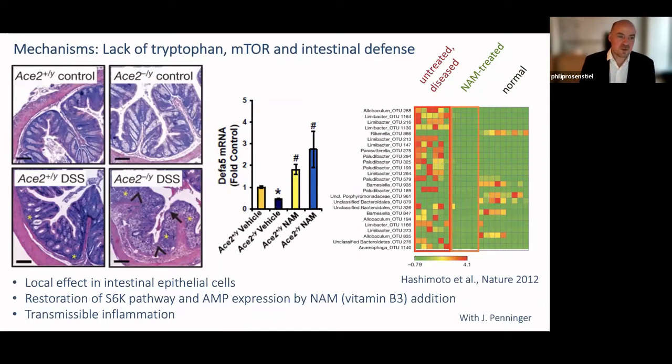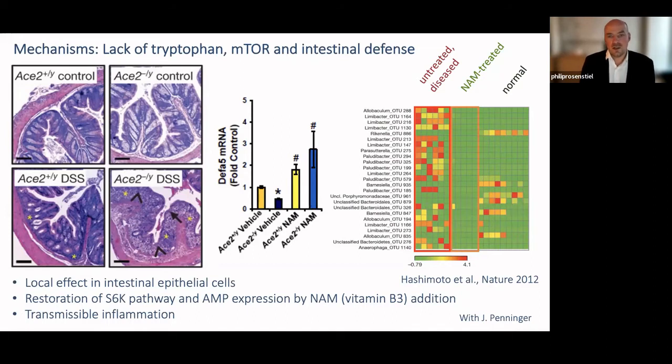But at that time, what we made as an observation is that ACE2 knockout mice actually have a very strong barrier defect, and they have an overgrowth of certain bacteria that you see here in red that can overcome a tryptophan deficiency. And really the effect is that there is a local missing effect of the absorption of certain amino acids in intestinal epithelial cells.